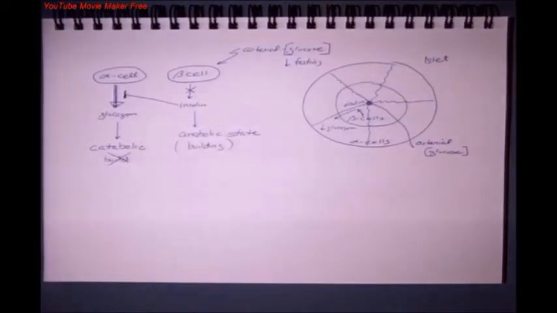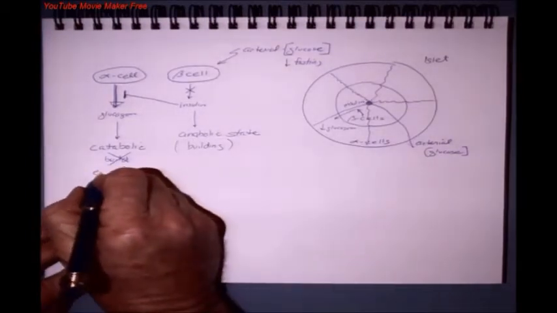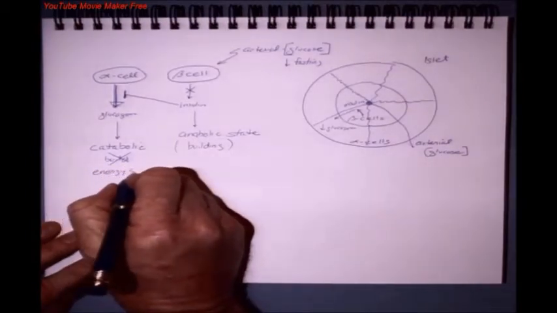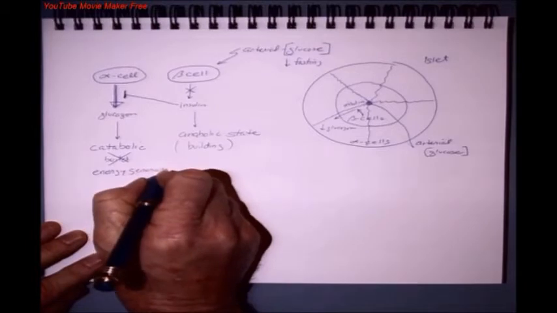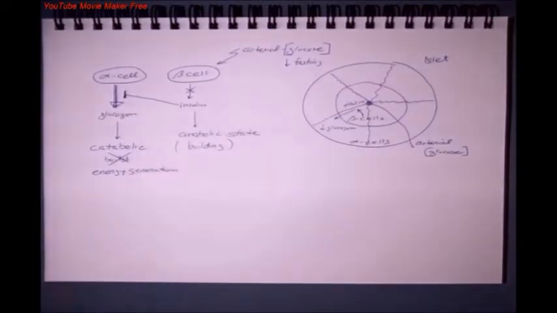We're living with what we have. And so this is all about energy generation. Now, does that mean in a fasting state we are not building at all? No. We just go down to building at basal levels.